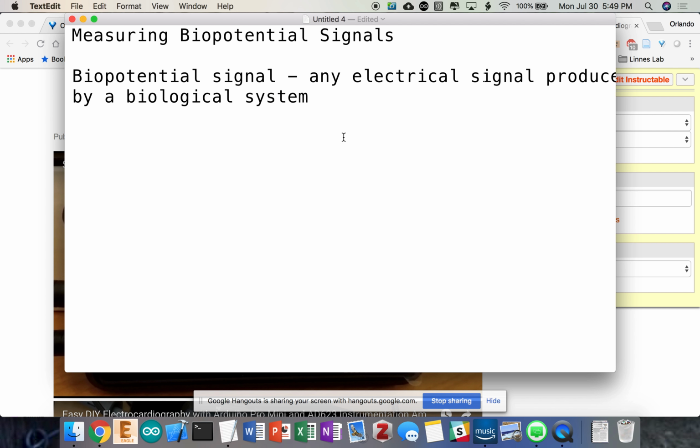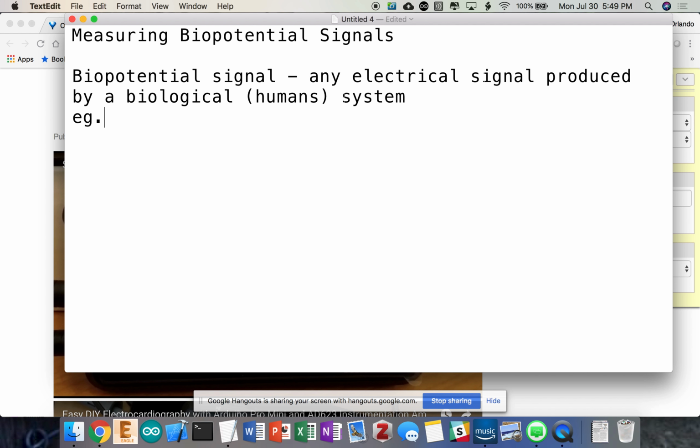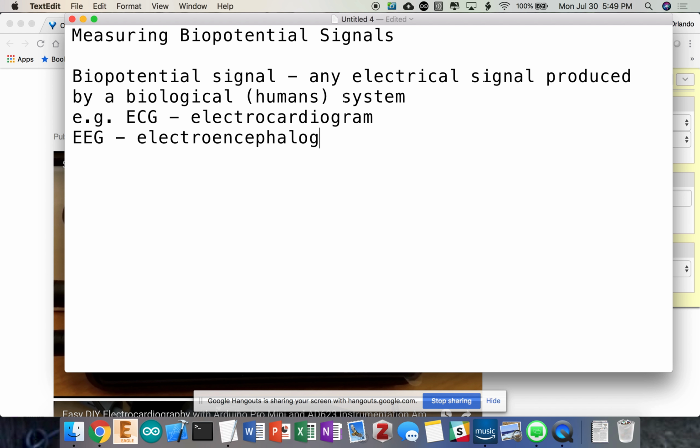In this case, we're talking about humans specifically. The ECG. And so some characteristics of these. So these are essentially the body, in this case, the biological system is acting as a voltage source.